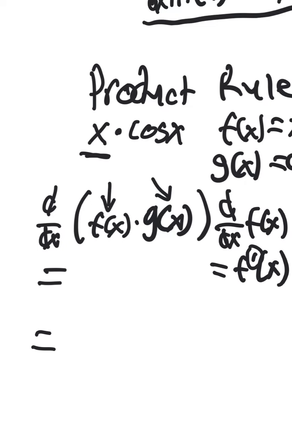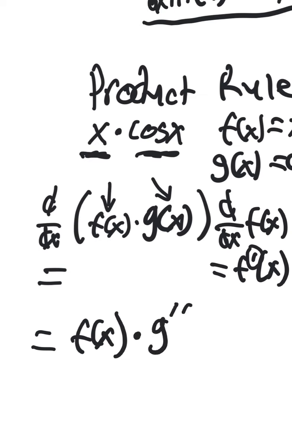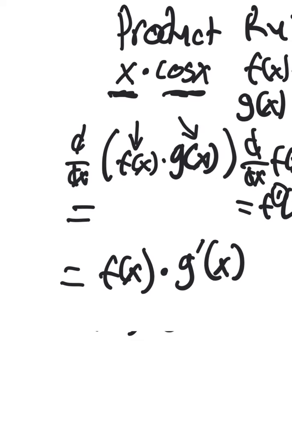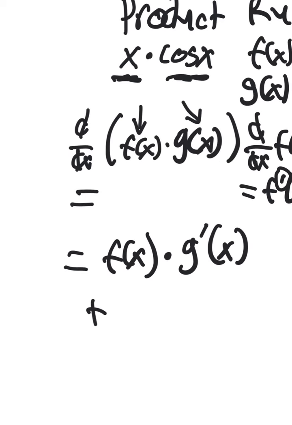So the derivative of f of x times g of x, in this case x times cosine of x, is left, the left one, f of x, times the derivative of the right, g prime of x, plus the right, g of x times f prime of x.